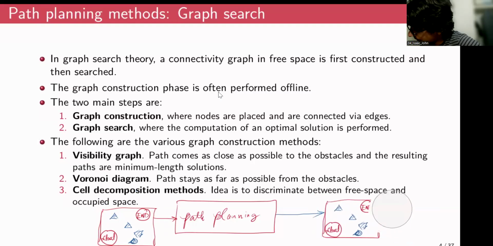So from the output of the path planning algorithm, we expect the path planning algorithm to return multiple trajectories, right? From the start position to the end position.